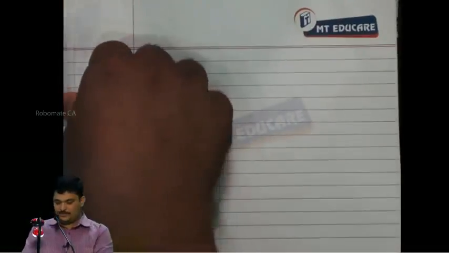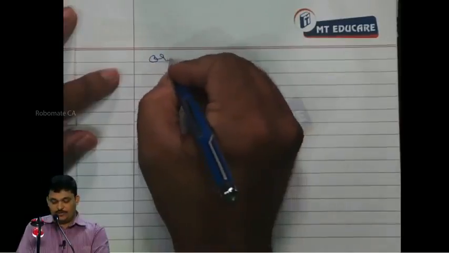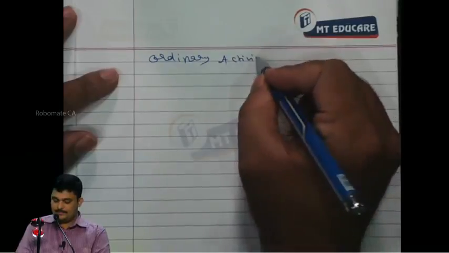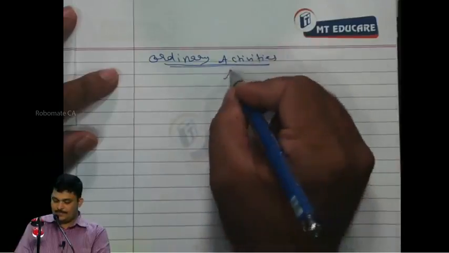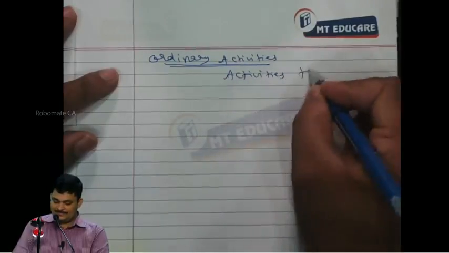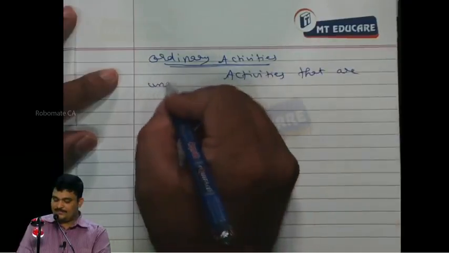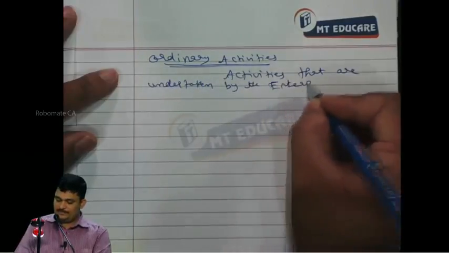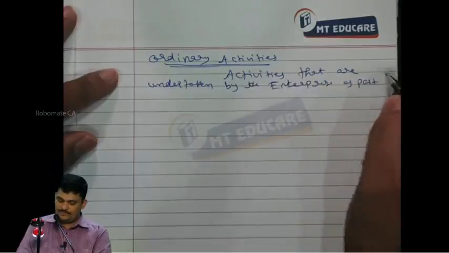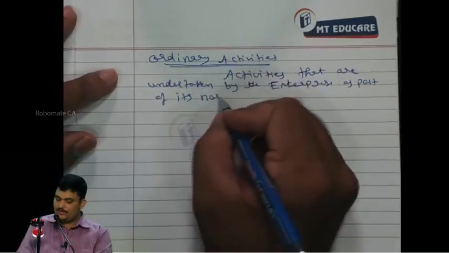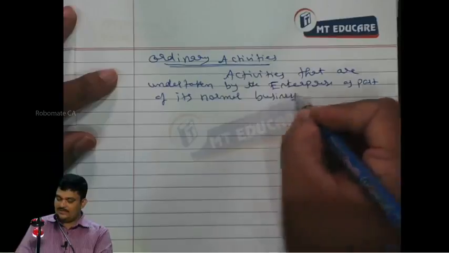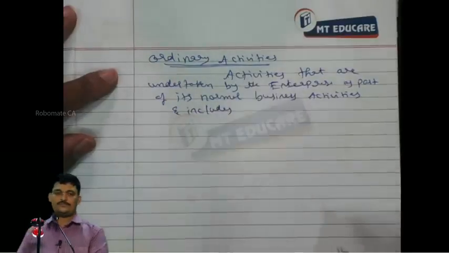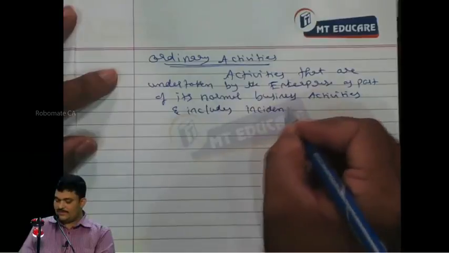Ordinary activities. When we say profit or loss arising from ordinary activities, what we need to know is only ordinary activities: activities that are undertaken by the enterprise as part of its normal business activities, and includes incidental activities.